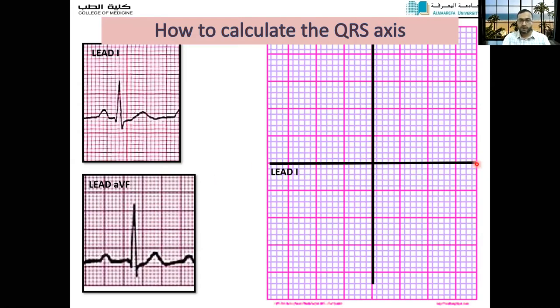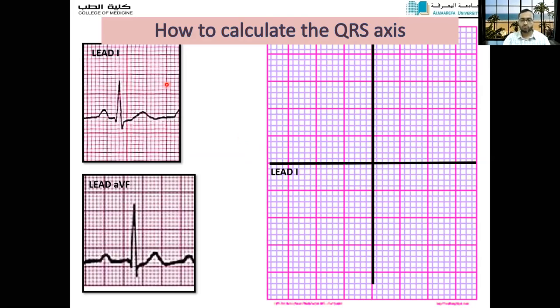This is lead 1, this is the right arm and the left arm, and you know that the right arm is always negative. So from the center point onwards, all the values on the right side are negative and all the values on the left side are positive. So on AVF, we have positive values here, and on lead 1, the positive values are here.